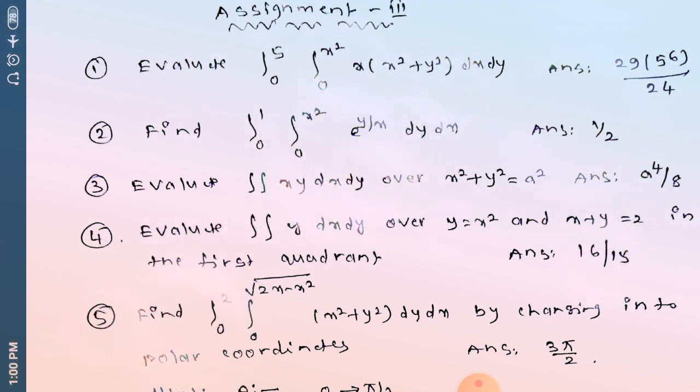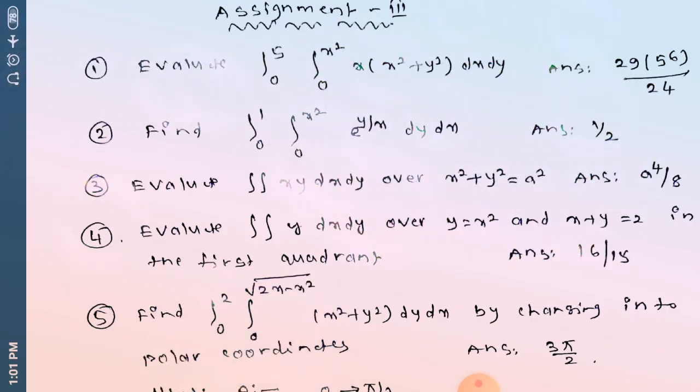As I told you, in order to find that, the first thing is focusing on the second variable y. From that you calculate y square equal to a square minus x square. From that you can calculate the y limits, and the y limits are 0 to under root of a square minus x square.